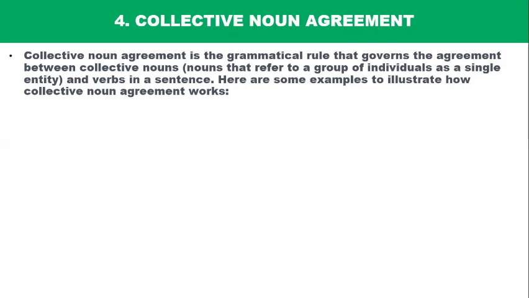Now, here are some examples to illustrate how collective noun agreement works. And so let's begin with singular collective noun agreement. So collective nouns can be singular or plural. Let's begin with the singular one. Okay.